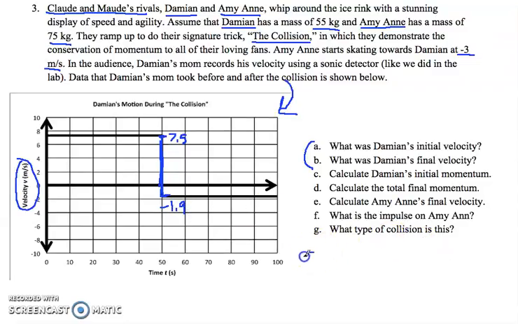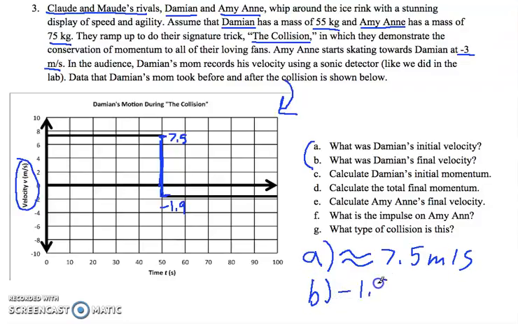So A, his initial velocity, again, it's hard to tell real specifically, so I'm going to say approximately 7.5 meters a second. And his final velocity is approximately -1.9 meters per second.